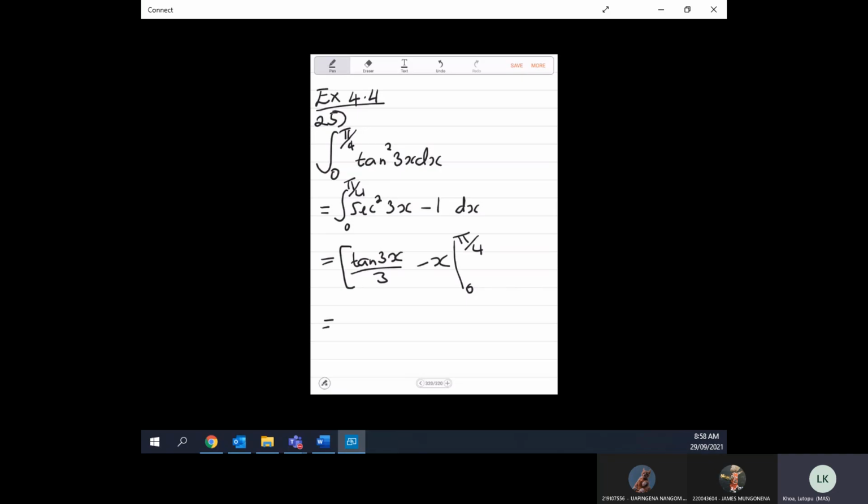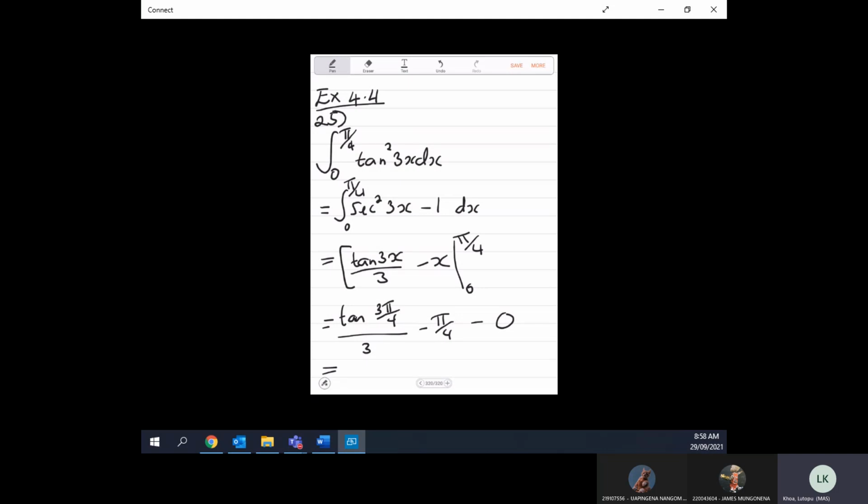So this is tan of 3 pi over 4 divided by 3 minus pi over 4, and then minus 0, because when I substitute 0 there, everything will be 0. So I can just write 0 there.